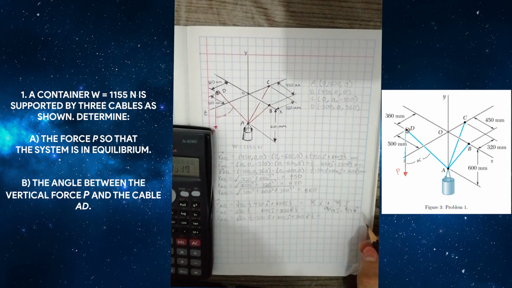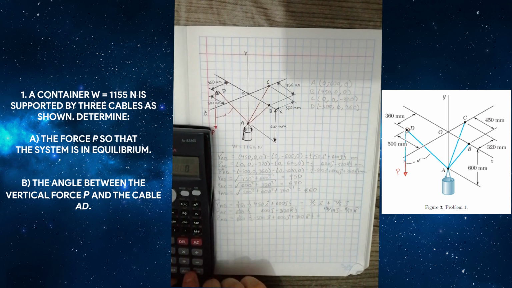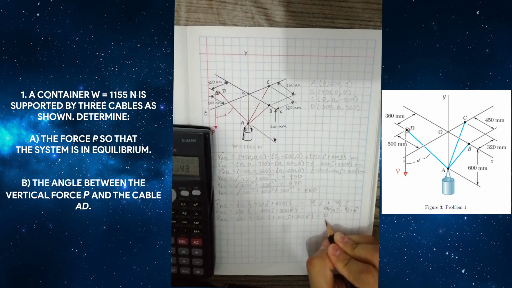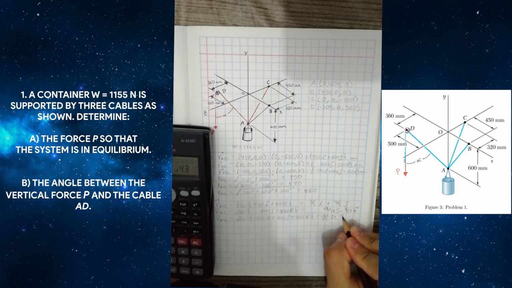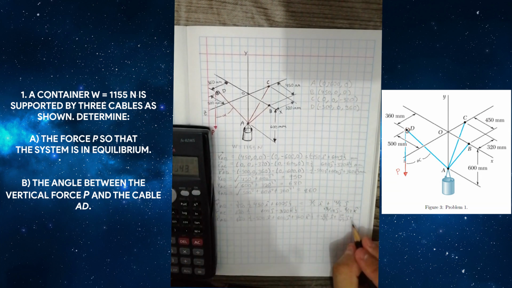And for the last, 500 over 860, that is minus 25 over 43 i plus 30 over 43 j plus 18 over 43 k.